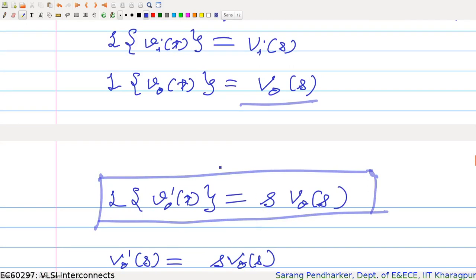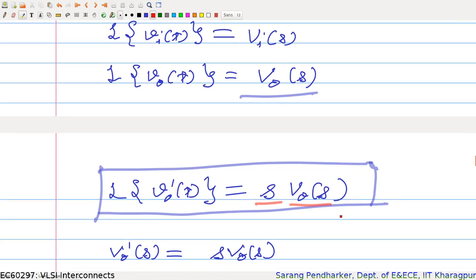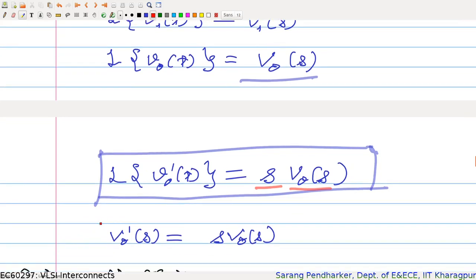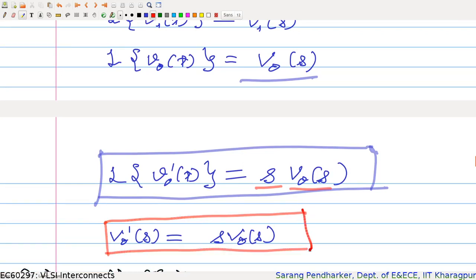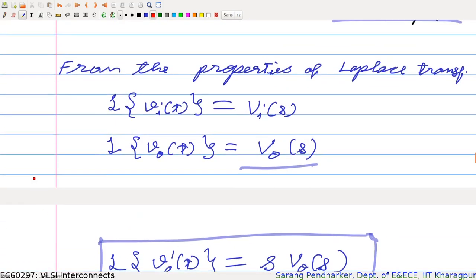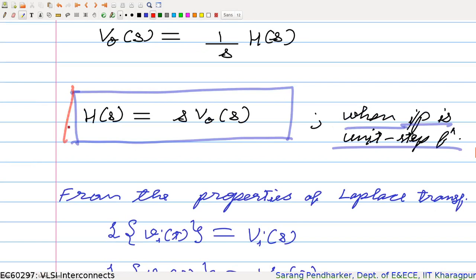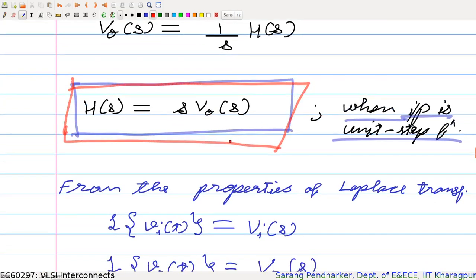That is S times V out of S, right? If you differentiate in time domain, you multiply by S in the Laplace or the frequency domain, right? So your V out prime of S is equal to S times V out of S. So this is also straightforward. Now if I compare this with the equation here, H of S is equal to S times V out of S, right?